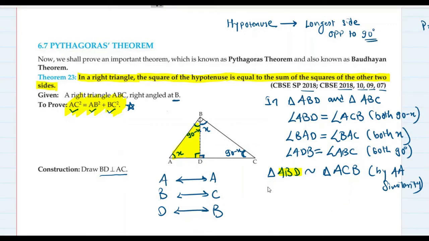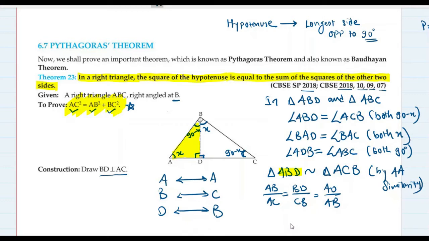So proper correspondence says AB upon AC is equal to BD upon CB is equal to AD upon AB. Okay. Now there is one more way, a shortcut. Let me teach you.